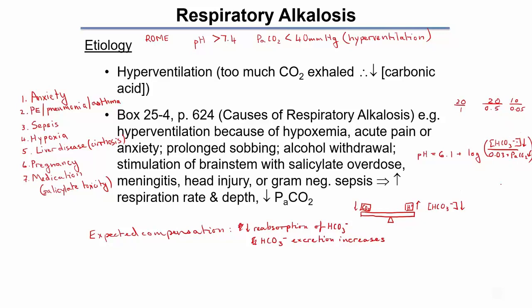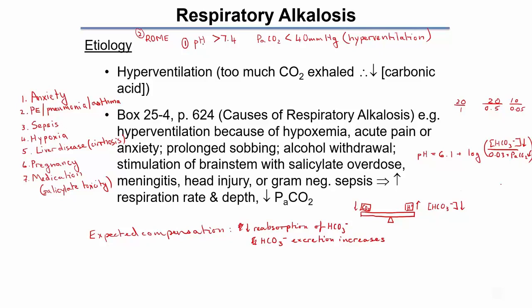The compensation has to be in the same direction. So CO2 has come down, bicarbonate levels have to come down. And again, if you want to rationalize it, bicarbonate levels come down because you want to buffer less of the metabolic acid so that metabolic acids can come up to balance out the overall level of acids in our body. So that's how we do it. Step by step, you can figure this all out rather easily. Step 1, pH. Step 2, use the ROME acronym.